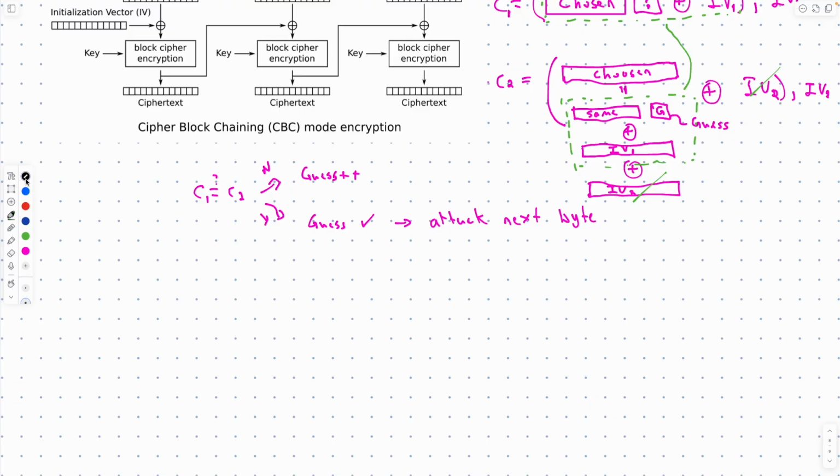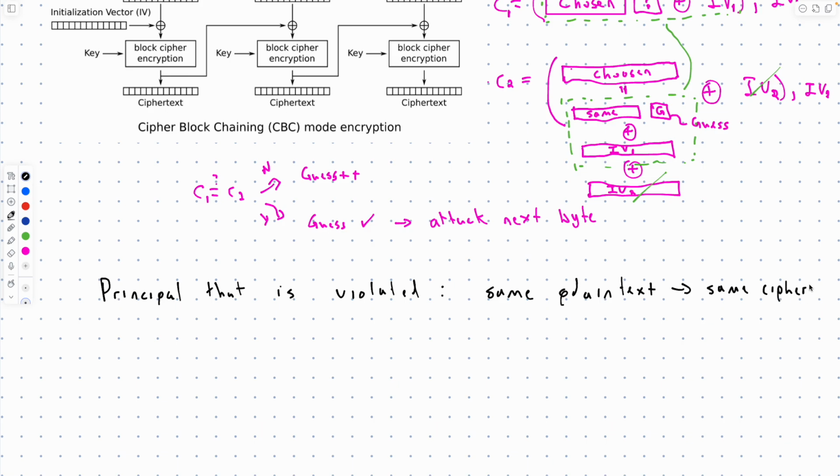We want a different ciphertext. Okay? So the principle that's being violated is same plaintext leads to the same ciphertext. Okay, so it's not CPA secure.